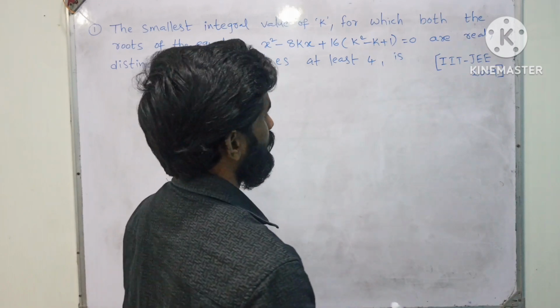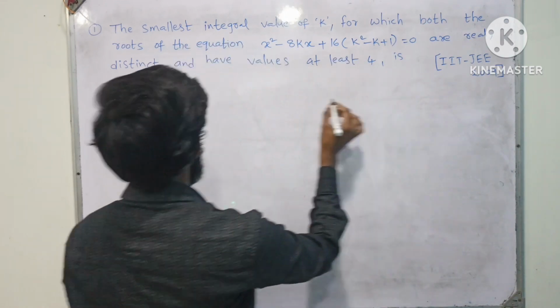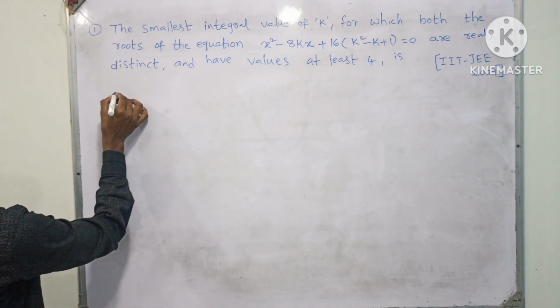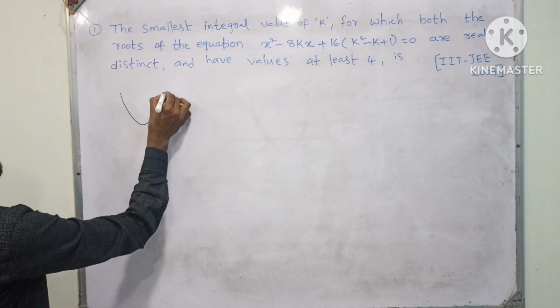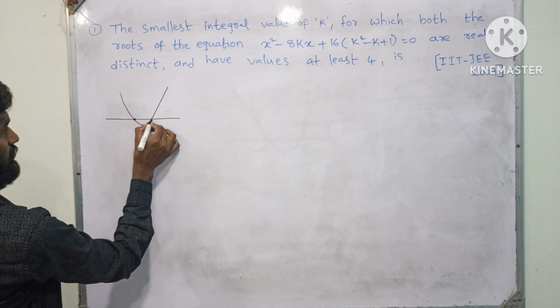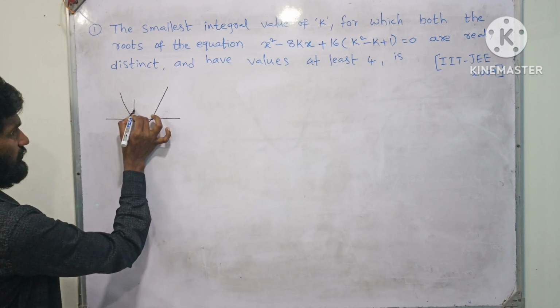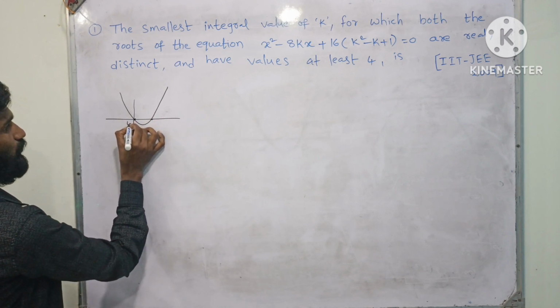This means the graph for this question is like this. If you observe the graph, this is alpha and this is beta. He is saying that this is x naught only, this is 4.